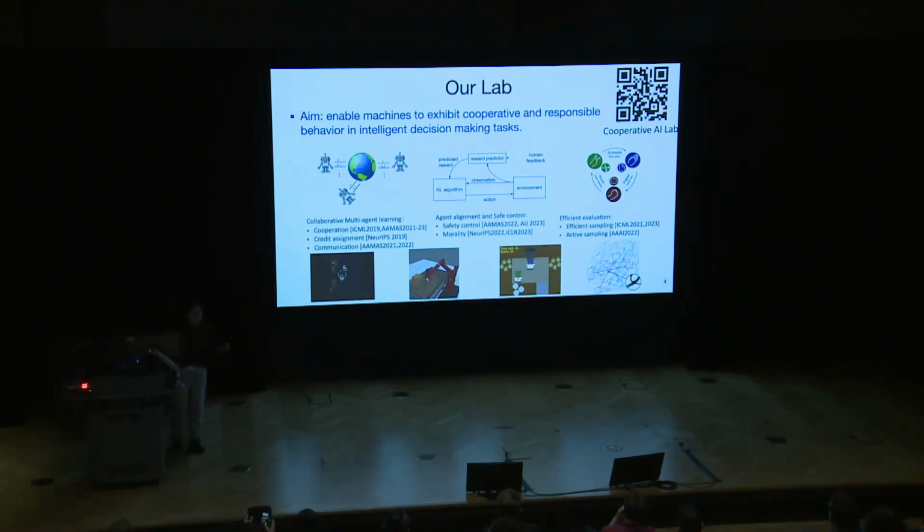Cooperative means multi-agent scenarios, like multi-robot control, where robots collaborate to pick up some stuff or work in manufacturing. Responsible means we want the agent to conduct safe and responsible behaviors.